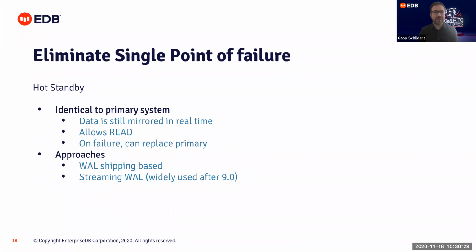So besides a high availability measure, this mechanism can also be used to do read balancing, load balancing across nodes. However, for an HA replica, the main purpose will be to very quickly replace a failing primary or to switch over to, in case of planned downtime, where you do want to do maintenance, for instance.